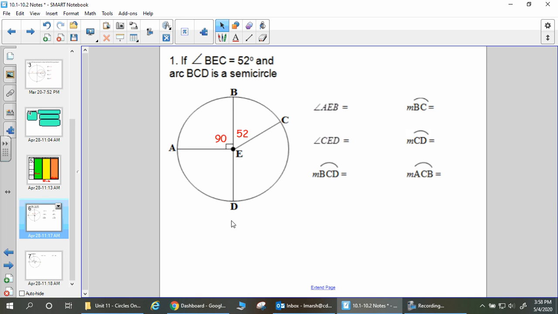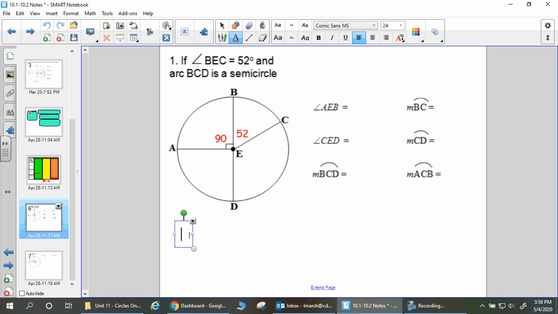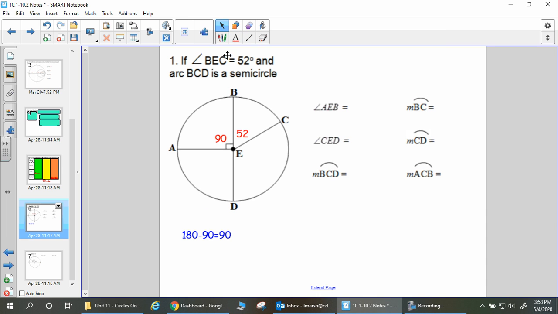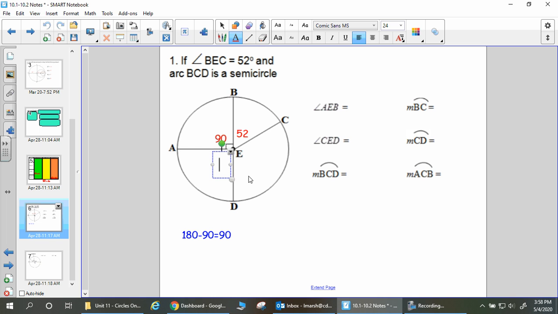Because they told us we had a semicircle. So that tells me this whole thing over here is 180 degrees, right? Well, technically, that means that I can take 180 minus 90 and get 90, right? So that means that this angle here is another right angle at 90 degrees.